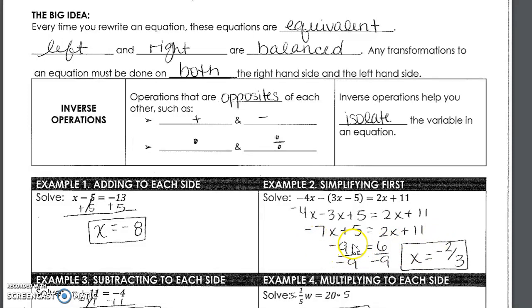You subtracted the 2x, you subtracted the 5, and you get -9x = 6. Divide by that -9. That is a fraction, and so your answer is -2/3. Yes, I know you don't like it, but you should be giving me fractional answers. Please don't give me decimals. Give me fractions. Okay, let's keep going.